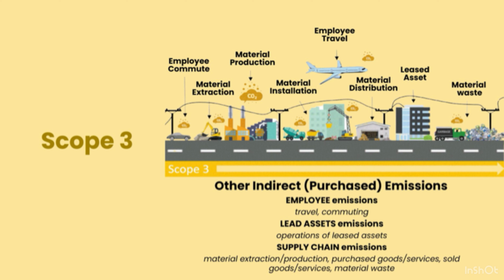And then another important one is category 3.3, fuel and energy related activities. All the fuel, diesel, coal, fuel oil, petrol, etc., that you consume, have emitted emissions during their extraction and processing. So that has to be under category 3.3.